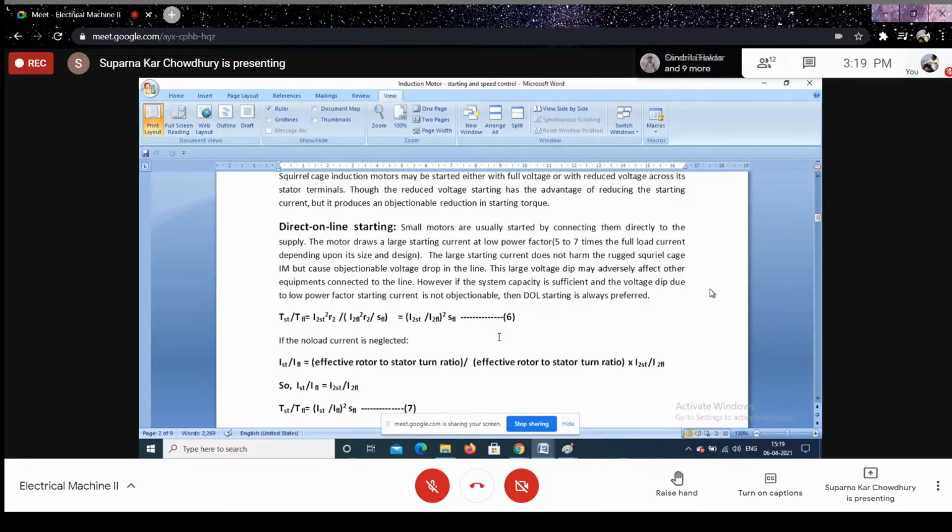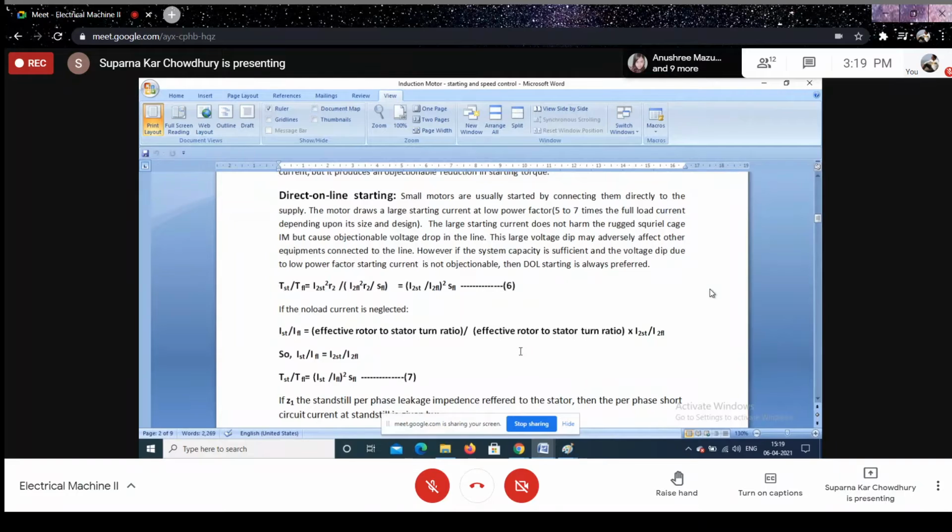If the no load current is neglected, the approximate expression: I starting by I full load is equal to the effective rotor to stator turns ratio times I2 starting by I2 full load.